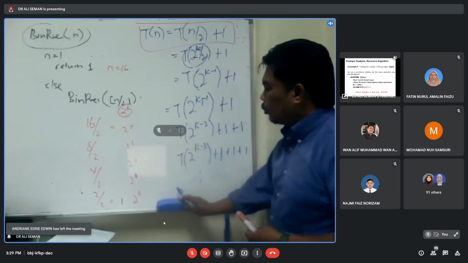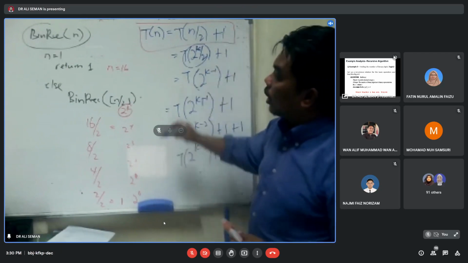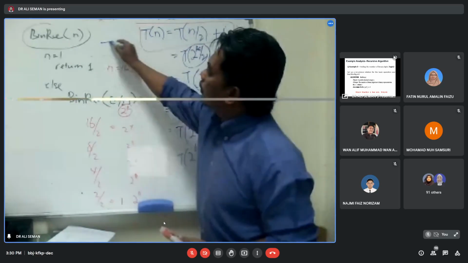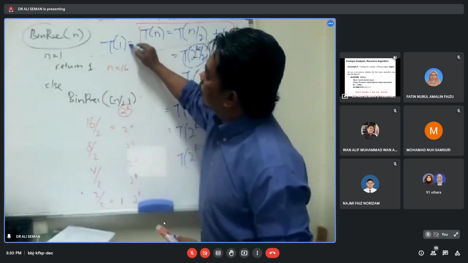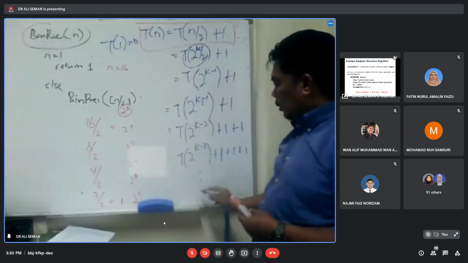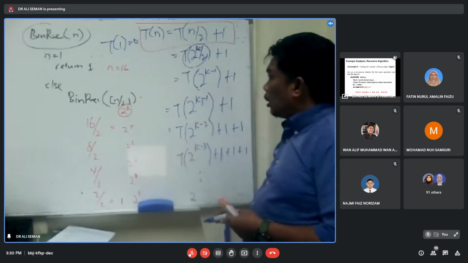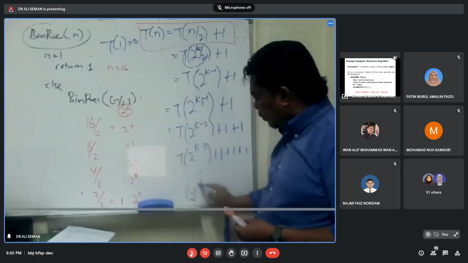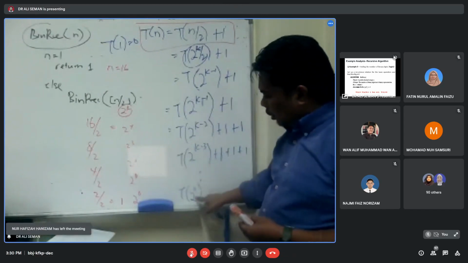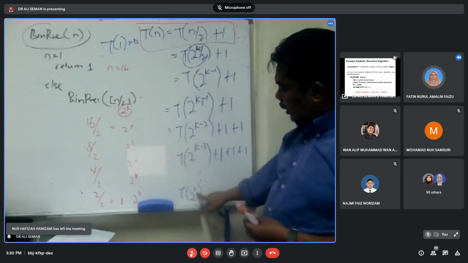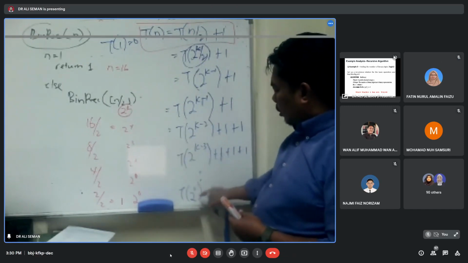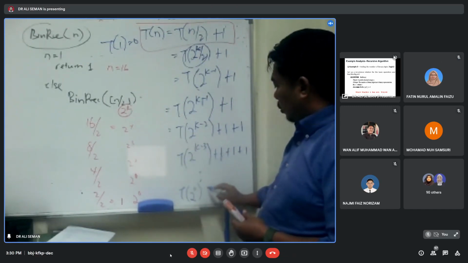So you can see how it stops. What is the stopping condition? T(1) goes to 0. So how do we start at 1? 2 power of what returns 1? 0, right? 2 power 0, return 1, return 0.